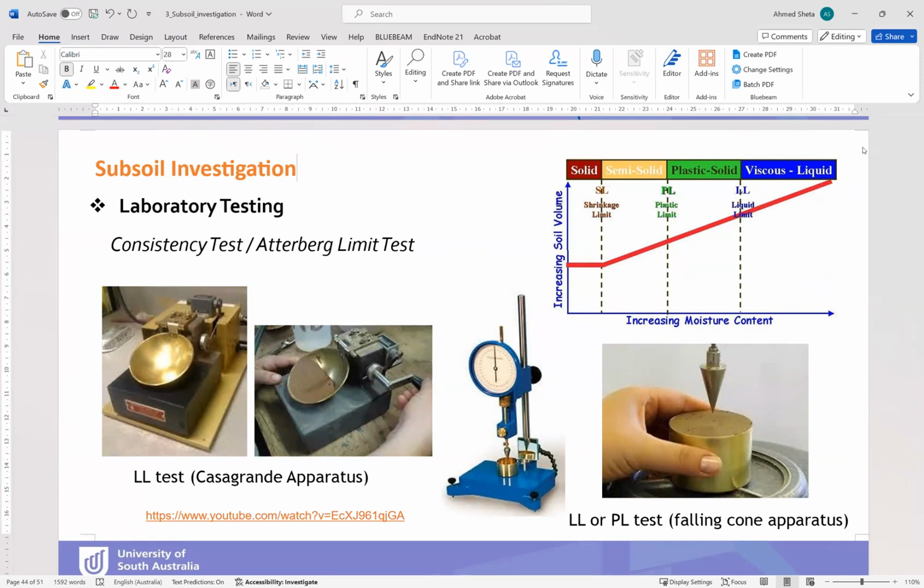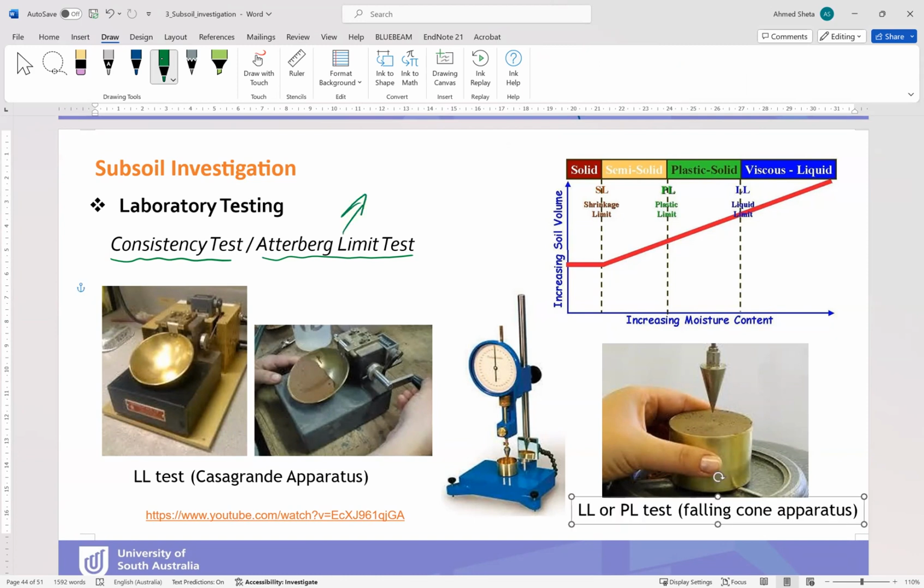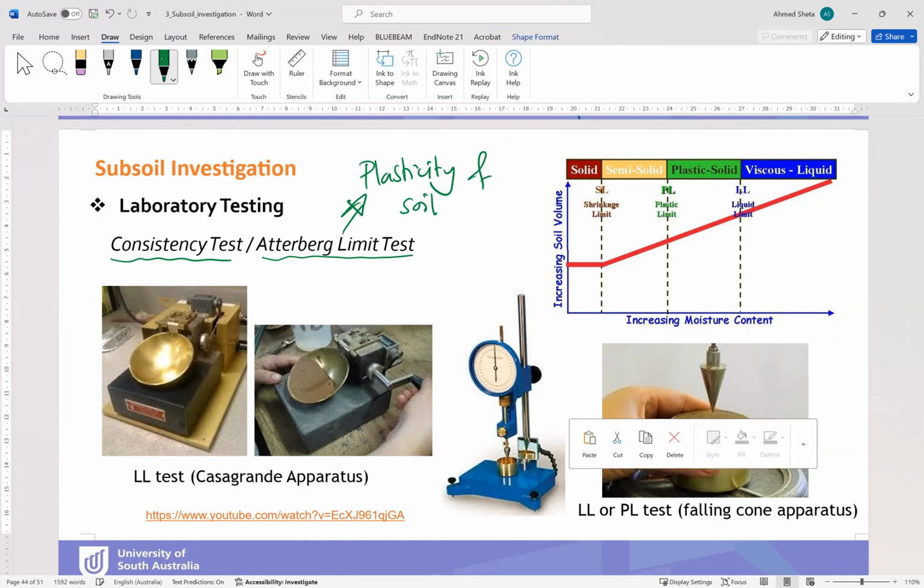So the test is measuring the plasticity of the soil. This is usually for clay or silt soil.